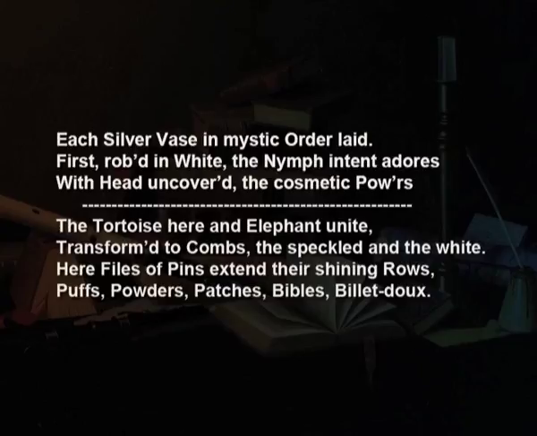Note the exaggeration here. The nymph worships the makeup kit as though it possessed cosmic powers. Then Pope says the tortoise and the elephant unite in the form of combs. Great animals have been reduced to mere makeup equipment in Pope's caricature.